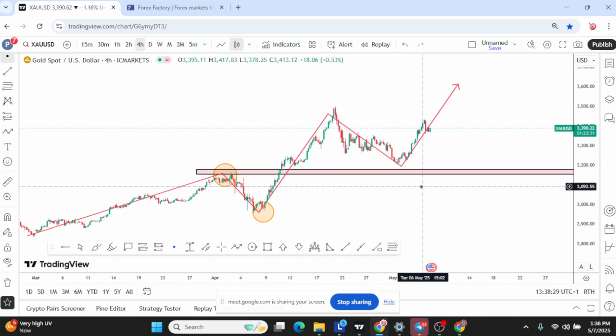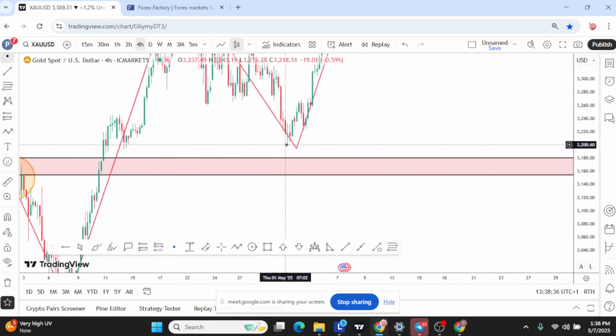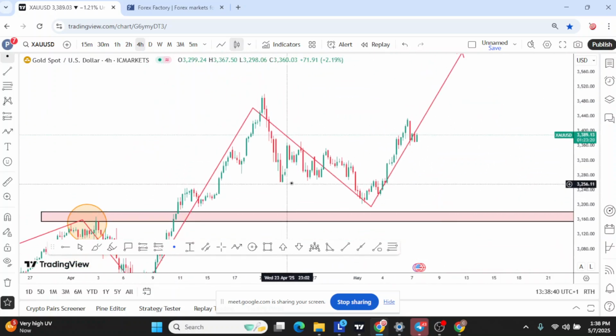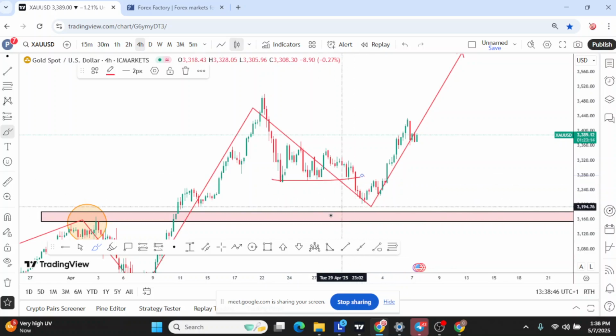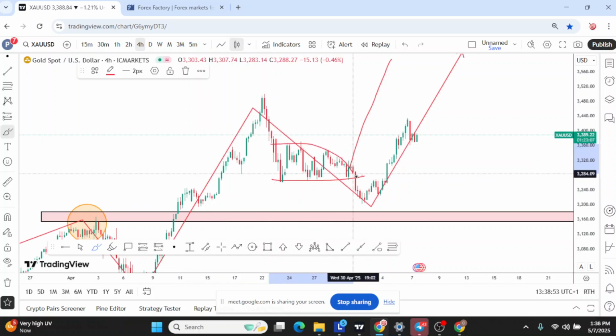Now there are times whereby price may not get to this previous high, just like this one we are seeing here. You can see that it's just a little bit. There are times whereby price will be far away, let's say maybe from this point here, and price will not come here at all and start pushing up, but there will be reasons that will back up your trade here.